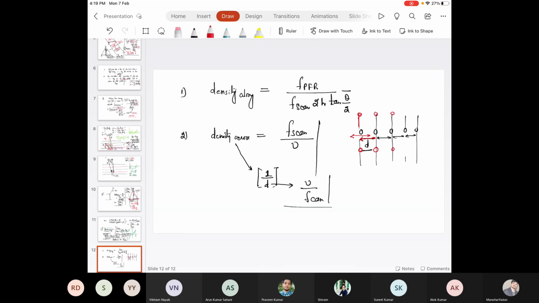To get uniform point spacing, you just need to equate 1 with 2. Under this condition you can obtain uniform point spacing. So you need to select all these parameters in such a way that they satisfy this criterion. Let's say this is equation 3, so that you can get uniform point spacing.